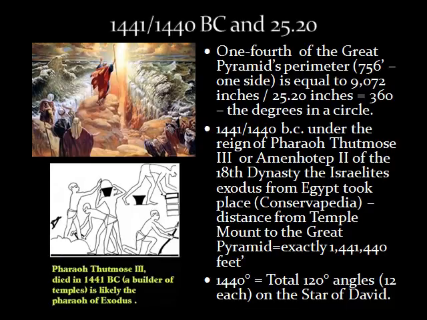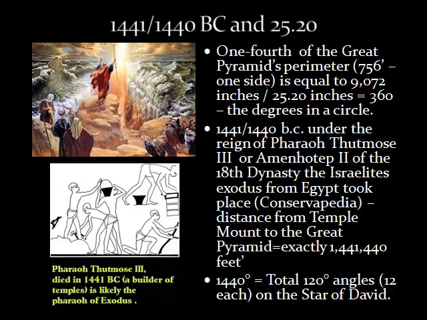That is, if you multiply 756 feet by 12 inches, you will arrive at 9,072 inches. When that is divided by the measurement of the sacred cubit of 25.20 inches, it will equal 360 the degrees in a circle.